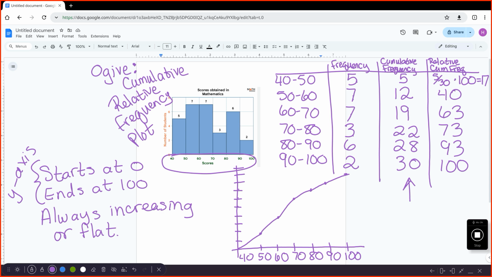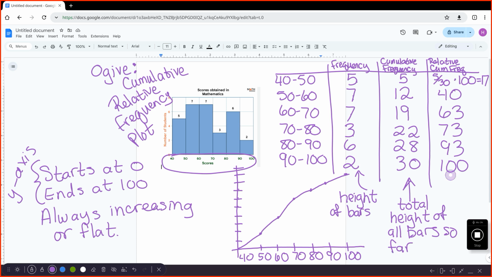Okay? So again, these are the frequencies. This is the height of the bars. This is like the total height so far of all the bars so far.